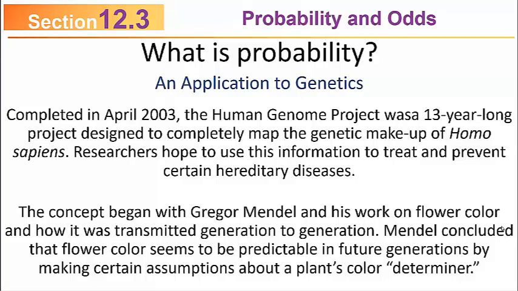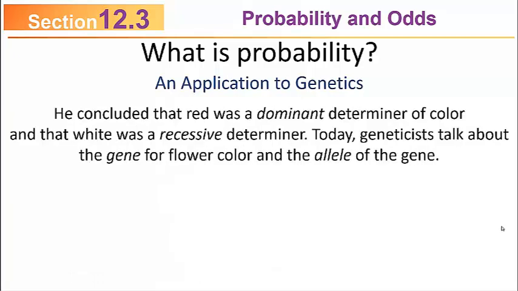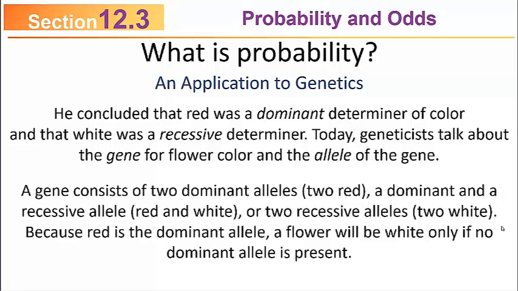Mendel found out that the flower color followed a certain pattern that could be predicted by making certain assumptions about what caused a plant to have a certain colored flower. And what he found was that red was a dominant determiner and that white was a recessive determiner. In today's language, you would talk about a gene for flower color and the allele of the gene.